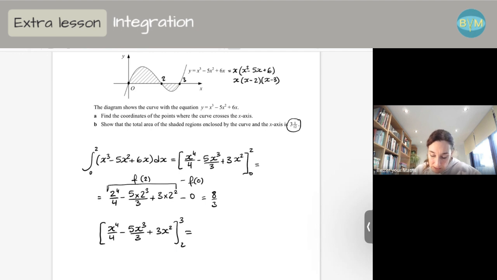So we substitute the 3 into the power of 4, and so on.